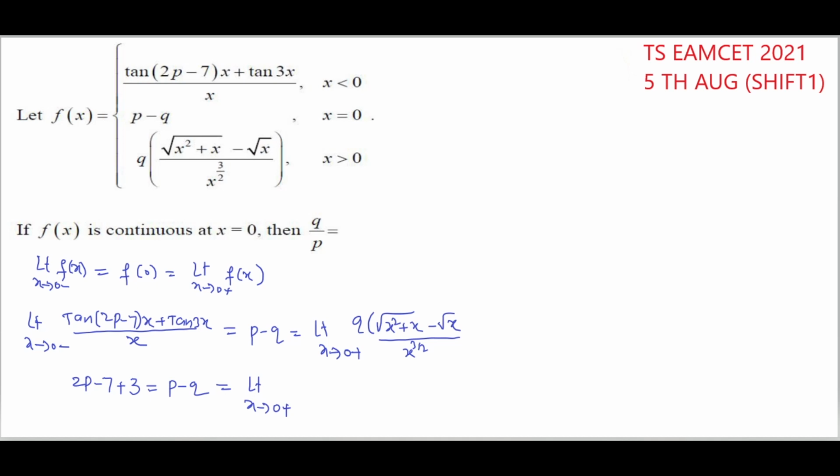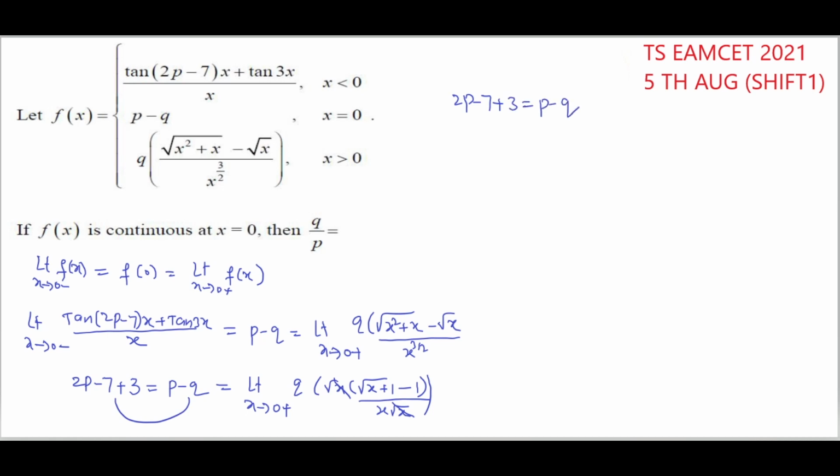Take root x common, that is q into root x into (root of x plus 1 minus 1) by x power 3 by 2, which is written as x root x. Here root x cancels. So equating these two, 2p minus 7 plus 3 is equal to p minus q.